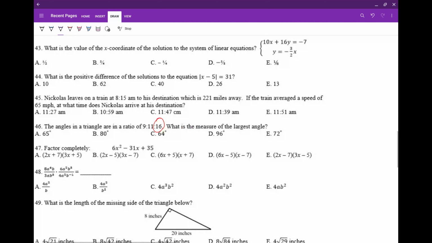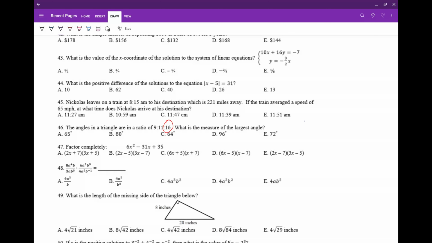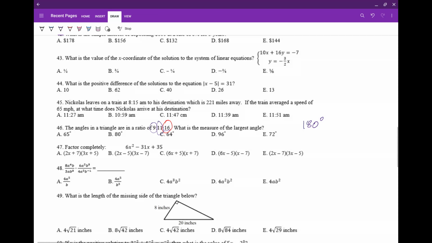Now, what do we know about the angles of a triangle? They add up to 180 degrees, right? So this small angle, this middle angle, and then the big angle, the sum of those angles is going to be 180, and they're in that ratio. If I had a 1:2 ratio of, say, pennies, if I had 2 pennies on this side, then that would make this 4 pennies.